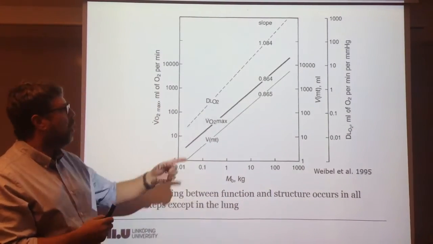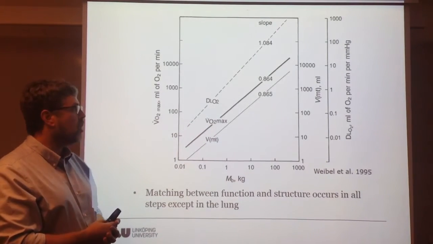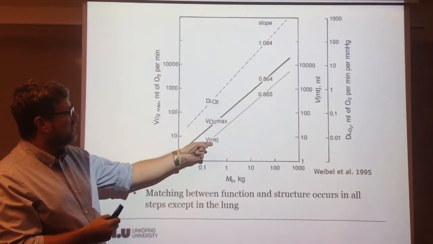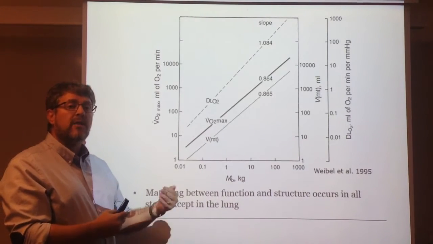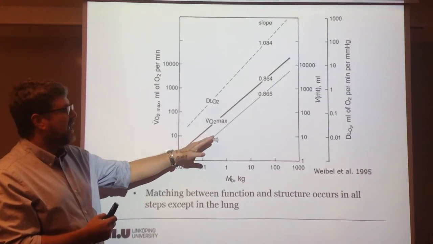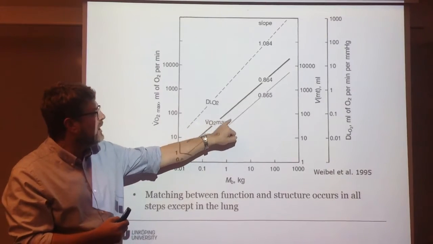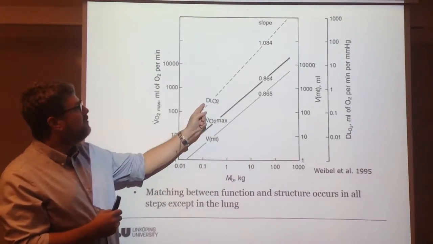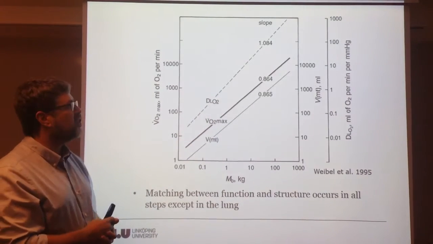They look at maximal oxygen consumption, and they look at these structural parameters I described, and what they see is that mitochondrial density, but also capillary density of the muscle and erythrocyte stroke volume, align well with the allometric equation for VO2 max. But the diffusion capacity of the lung for oxygen does not.